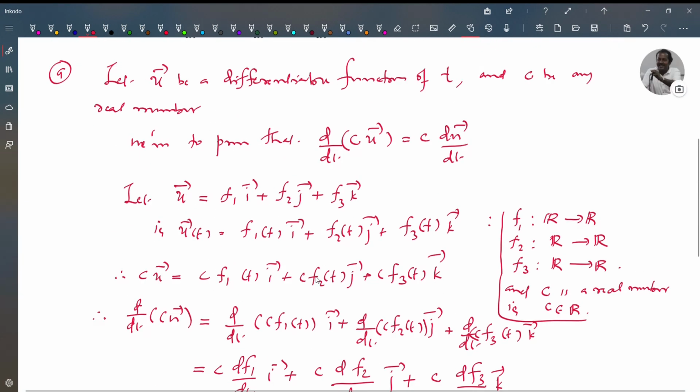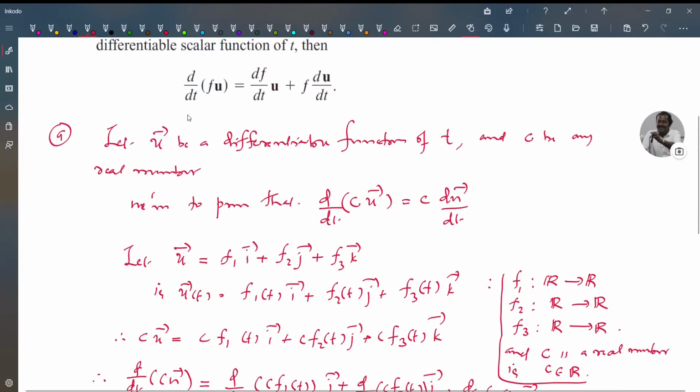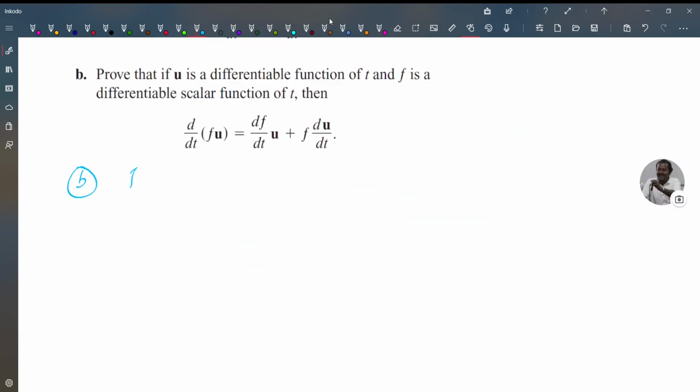Now we prove the second part, that is, if u is a differentiable function of t and f is a differentiable scalar function of t, then d by dt of fu is equal to df by dt u plus f into du by dt. So, let u of t be a differentiable vector function of t and f be a scalar function of t.